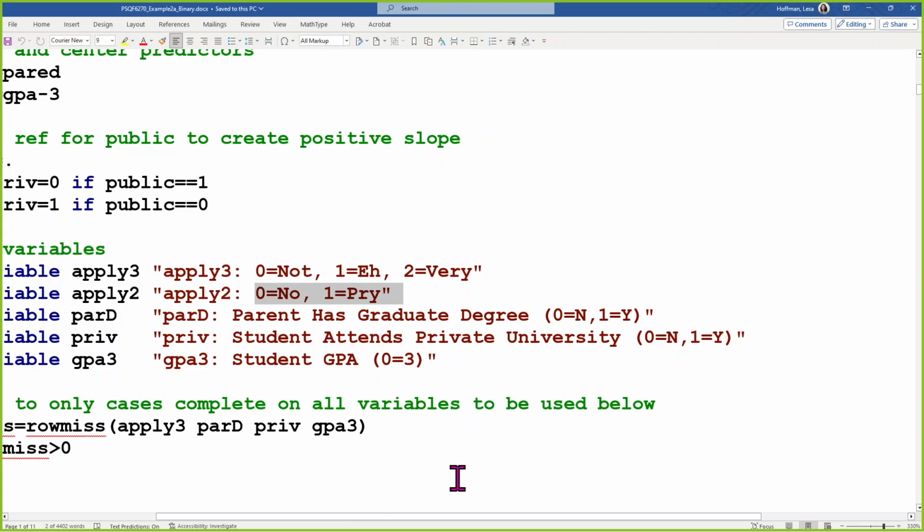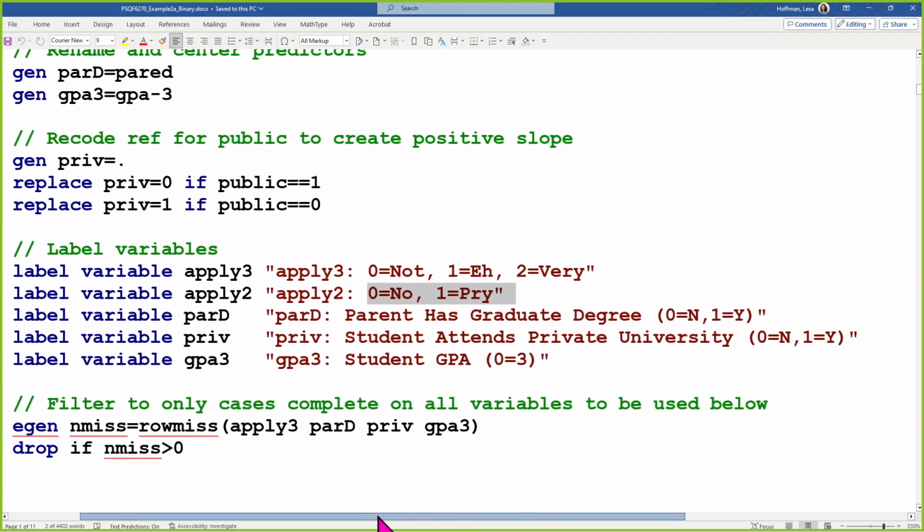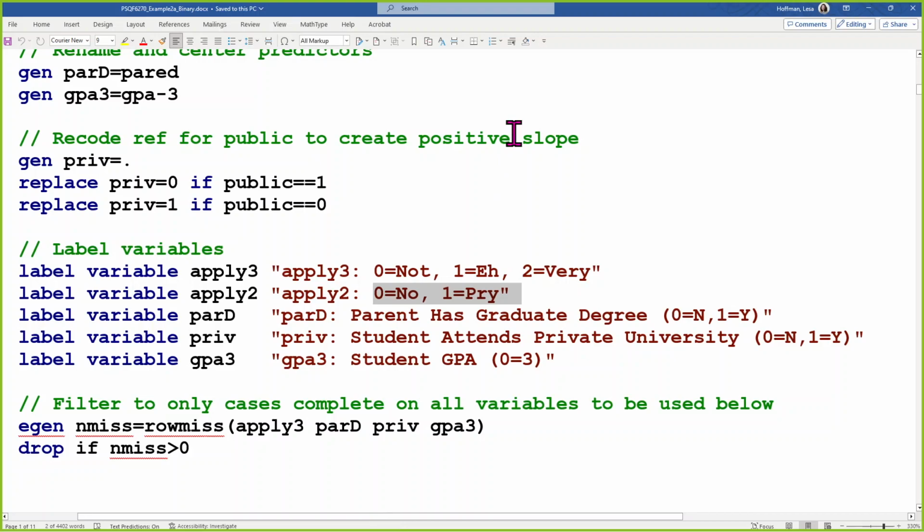We would never want to cut up a continuous variable or collapse categories if we don't have to, because we're losing information. We're introducing measurement error. The only situation I might do that is if only one person said very much in my whole sample. I can't really work with that. They're going to get collapsed into something that's a little more common. But this example is binary. The one that is coming for ordinal and nominal is going to use this 3 category version.